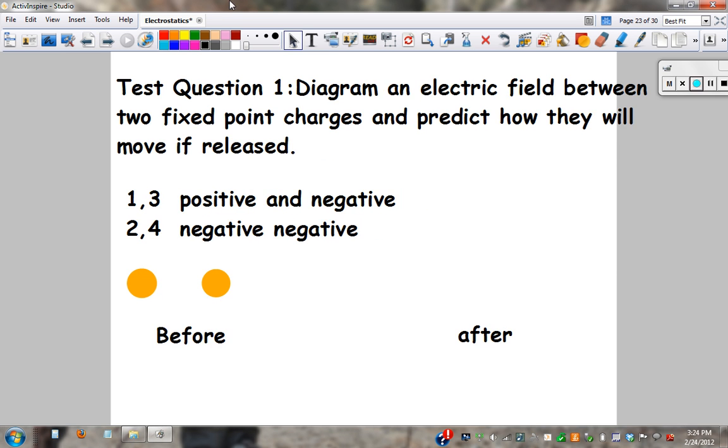So here's your test question. Diagram an electric field between the 2 point charges and predict how they will move if released. So try this question, and then here's the answer. For positive and negative, the lines are going from the positive to the negative.